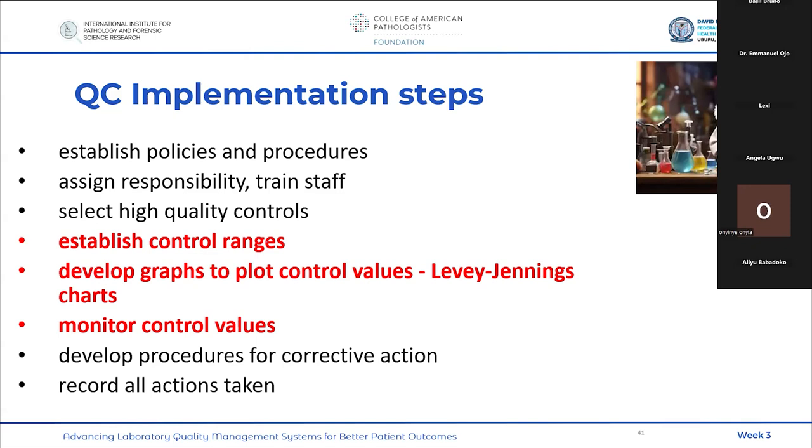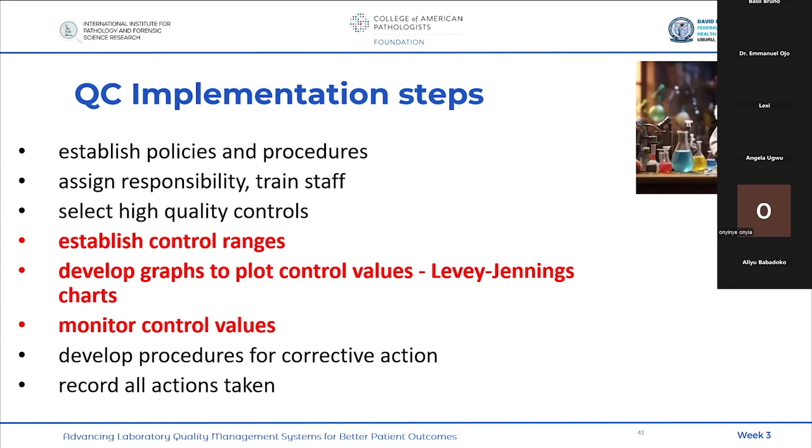And I said that as one of the reasons why you should not be changing lots every now and then, because the process of establishing the control ranges is time consuming, and it's something that we can avoid and ensure cost reduction if you do not change lots too often.